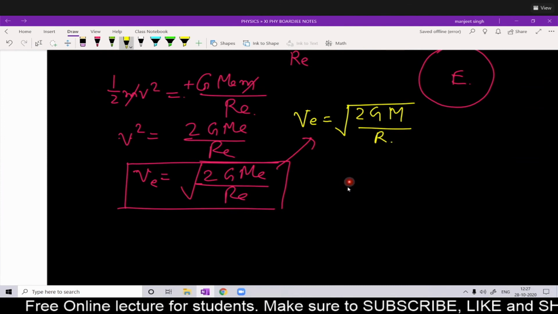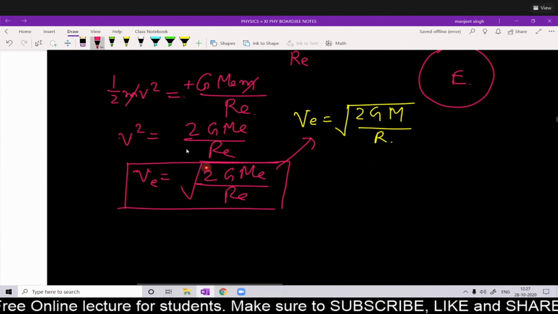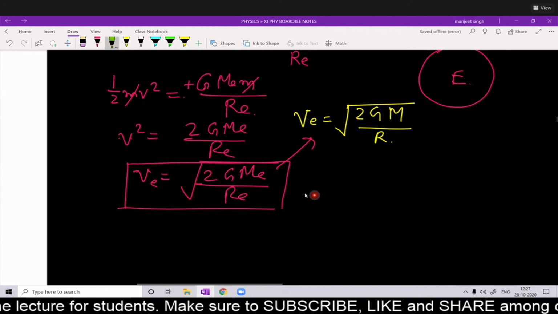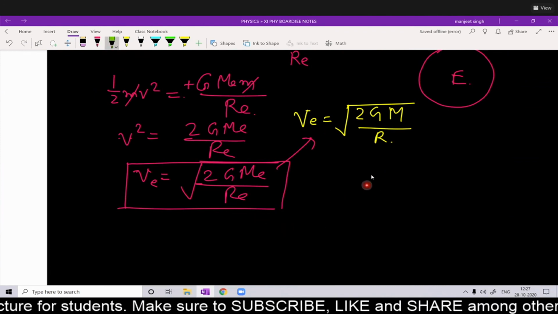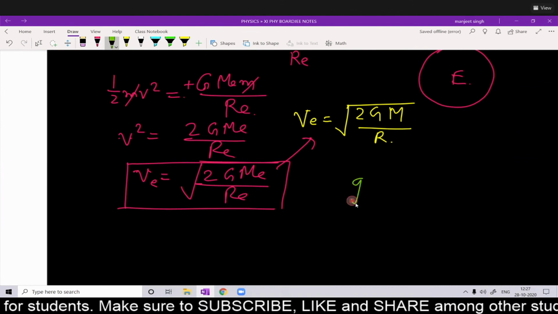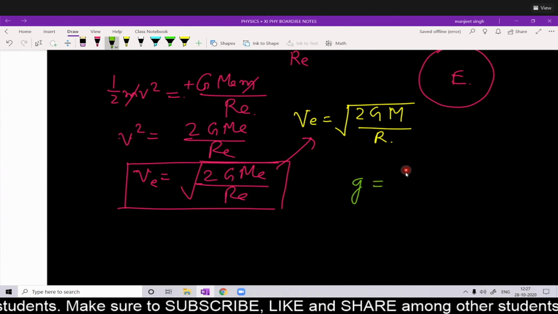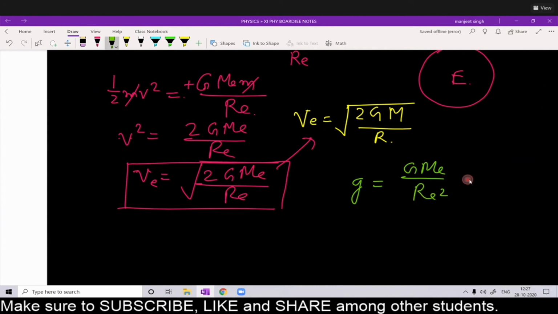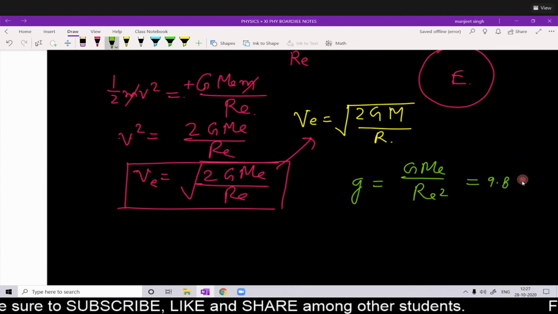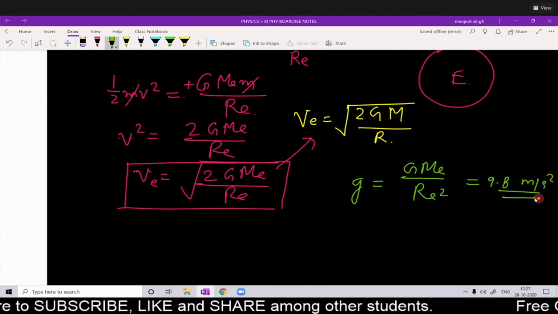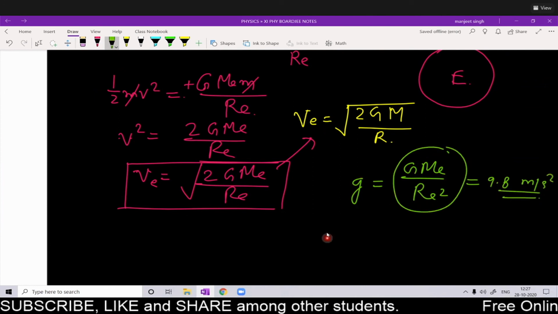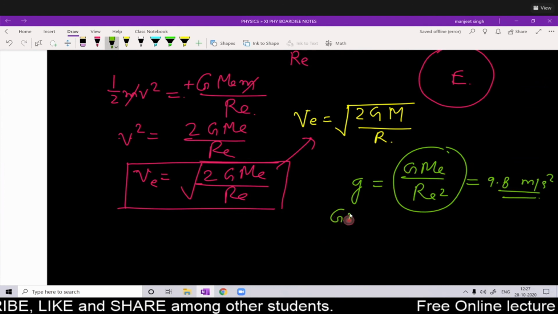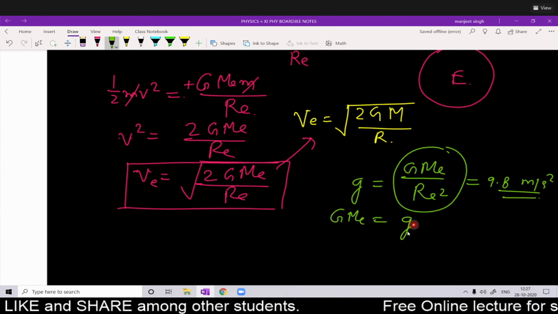Okay, what is another formula? We have a relation: the value of g at the surface of Earth is given by G M_E upon R_E square, whose value comes out to be 9.8 meter per second square. I have already told you. So this G M_E upon R_E square factor gives us g. So G M_E from here is g R_E square.